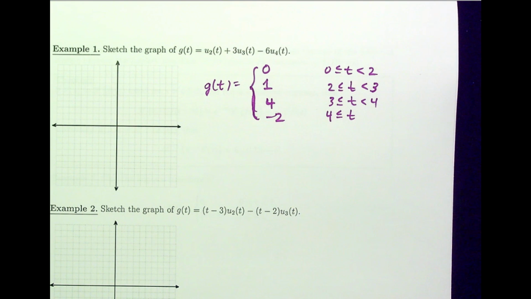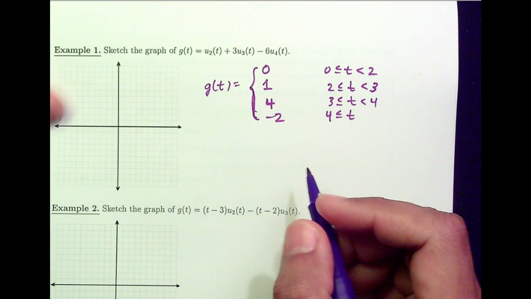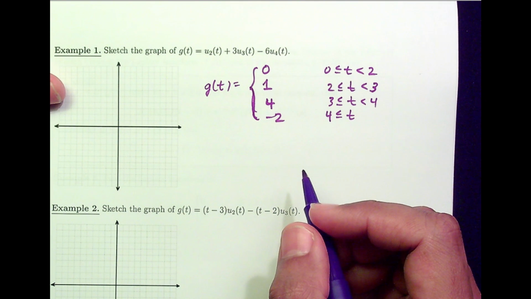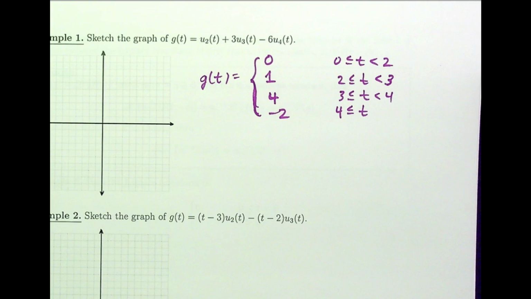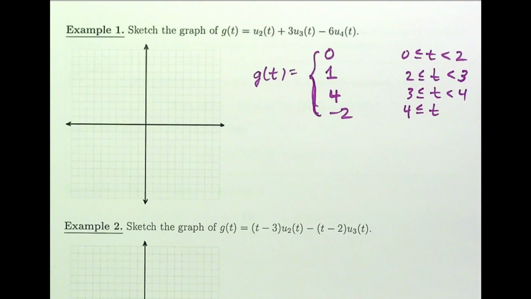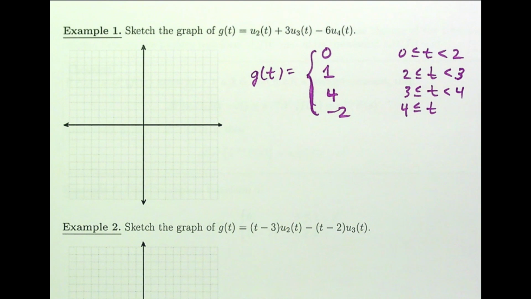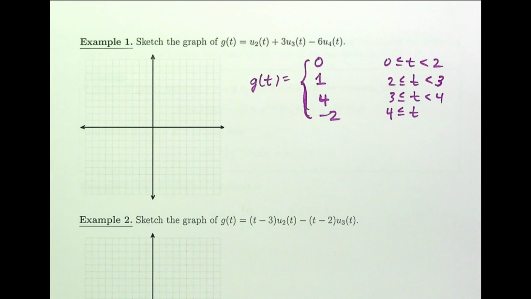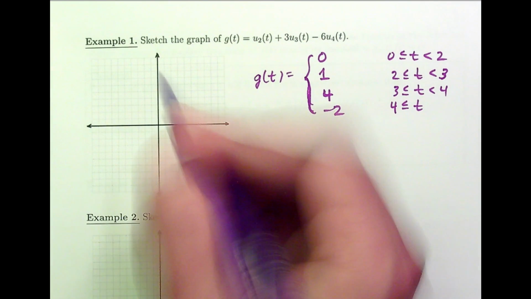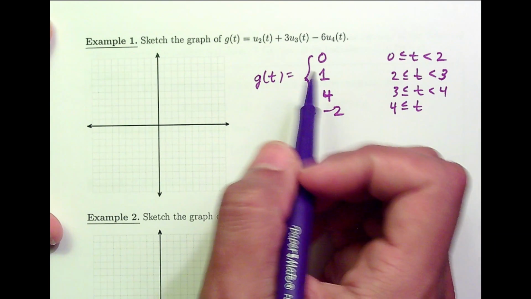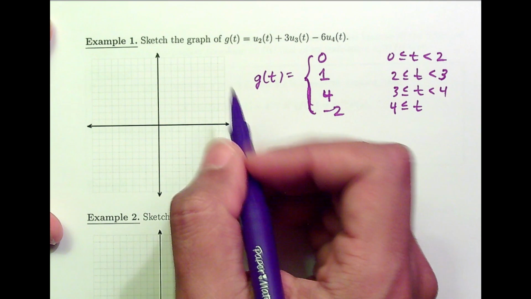Now we can sketch this. Let's go by ones. So I'm going to zoom in. Okay, so let's sketch this now. So between 0 and 2, the value is 0, but not including 2.